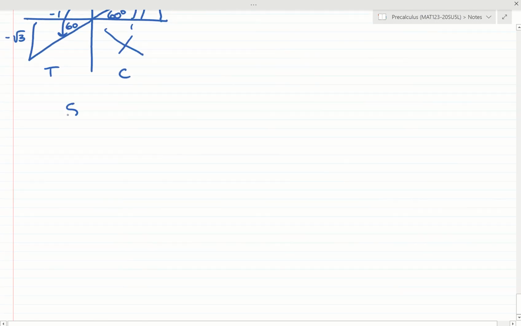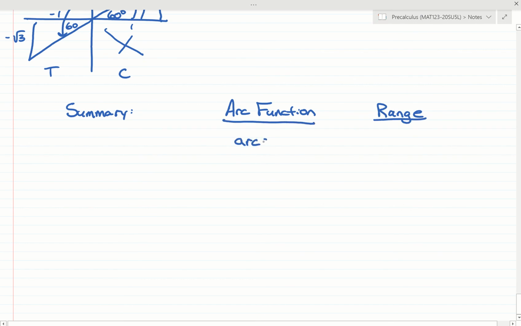So just as a summary, we'll talk about the arc function, and then we'll talk about its range. Arc sine is restricted between negative 90 degrees and positive 90 degrees.